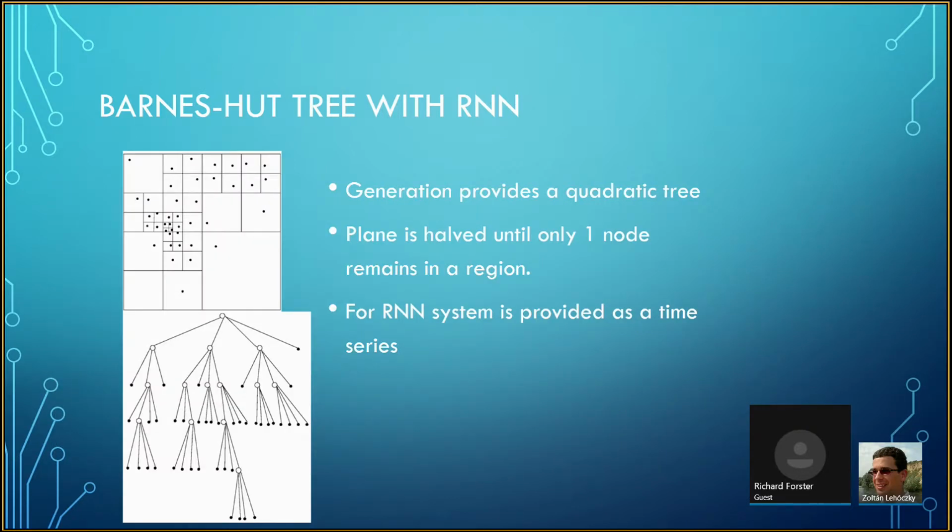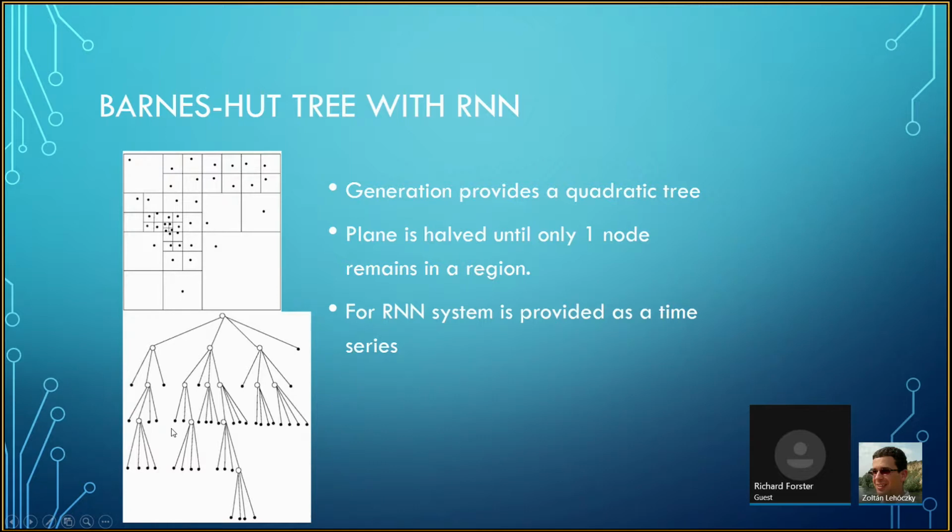So for a very short, small example for a Balsa tree, you can see in the top left image, basically this will be our graph, and here it is separated into different regions. And you can see that one region only has one node.